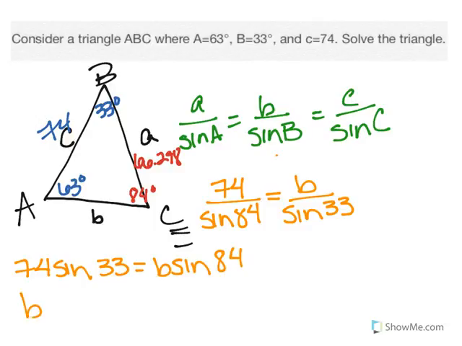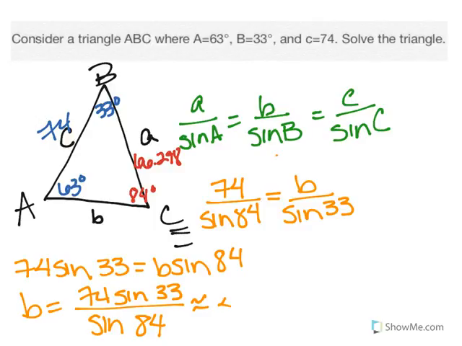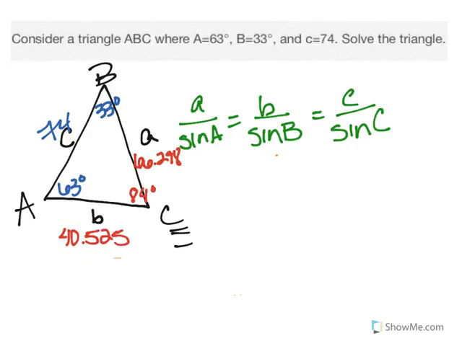So we get that b equals 74 sine of 33 over sine of 84. We plug that into a calculator, and we get approximately 40.525. So there we go, we have solved for all of the missing information in this triangle.